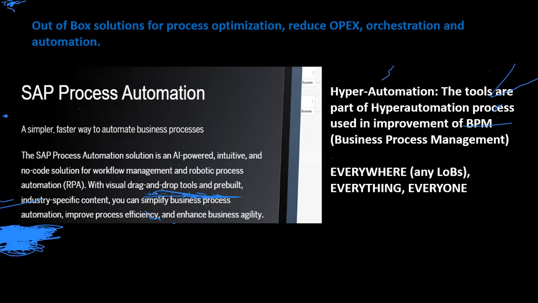I don't know how many people have heard about UiPath, but UiPath is again one more tool which is a leader in this automation domain. And we will also have an overview of UiPath.